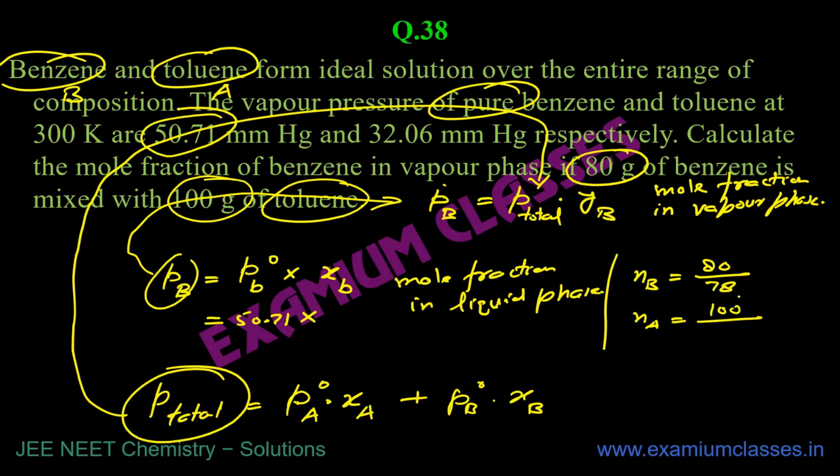Molar mass will be 77 plus 15, 92. So it will be divided by 92. From here you will get XA and XB. And those values you will substitute here, here also. So this XB you will substitute from here.